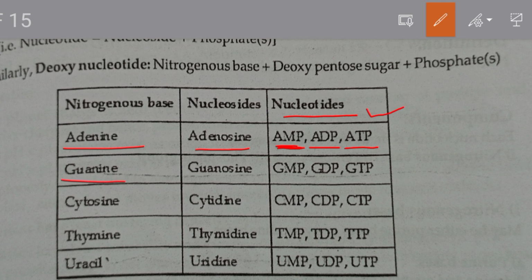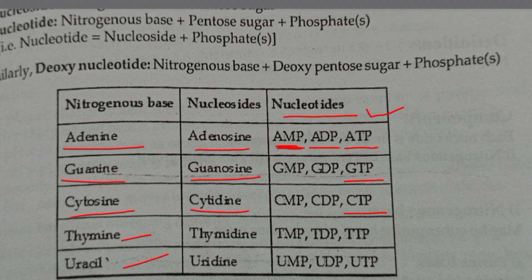Guanine is nitrogenous base, guanosine is nucleoside, and GTP, let's say, is nucleotide. Cytosine is nitrogenous base, cytidine is nucleoside, and cytidine triphosphate is a nucleotide. Similarly, it is same for thymine and uracil.